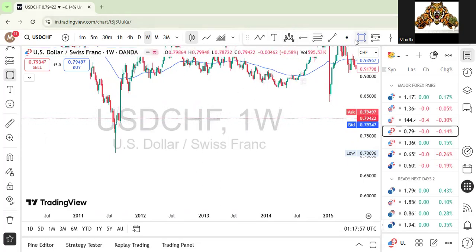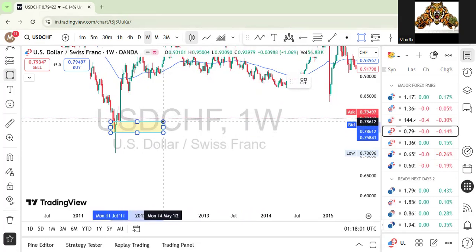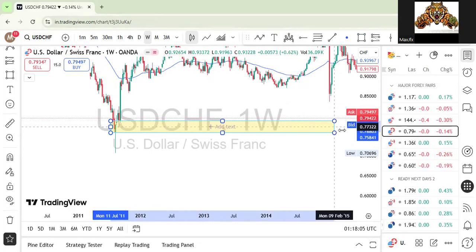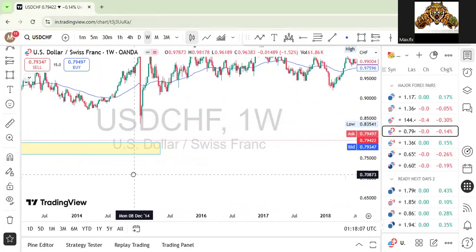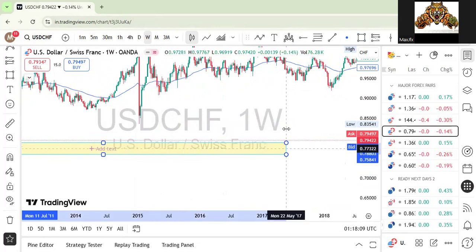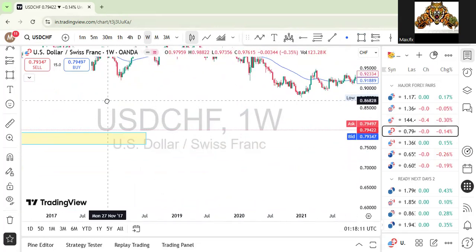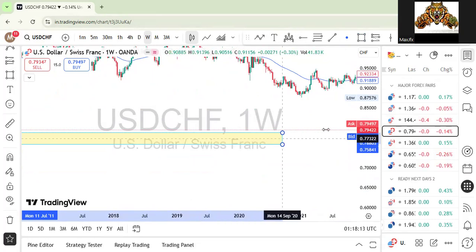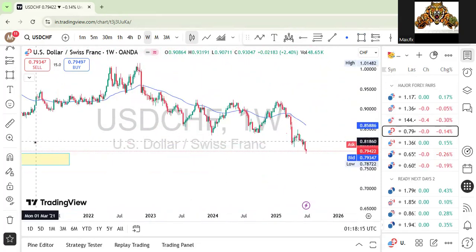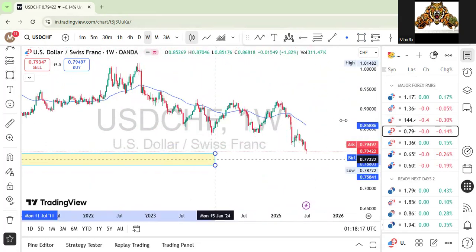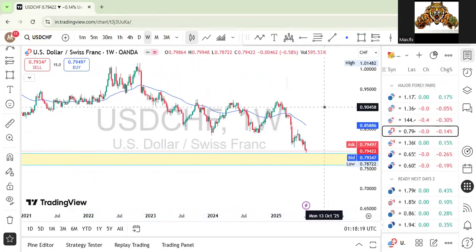We are going to use from here, from the body to the next body right here. So that's what we're going to use. And that's the only zone I see on the weekly. Don't go too far to the monthly, just stay on the weekly. You'll be fine. So that's the zone.